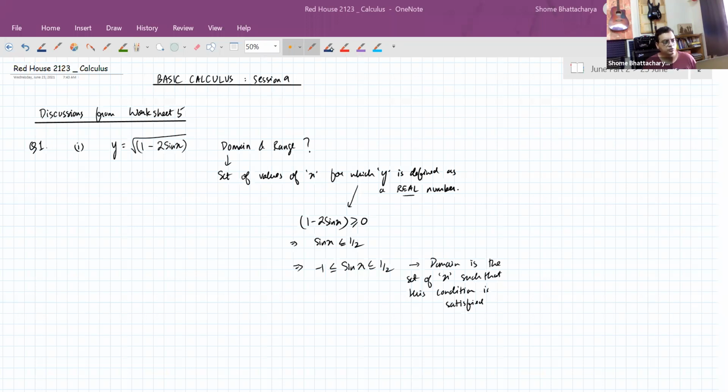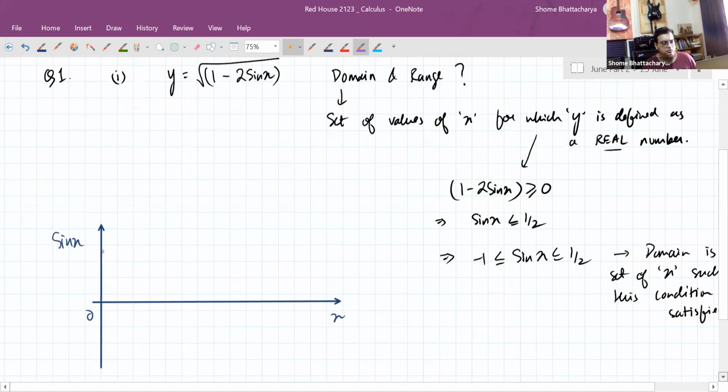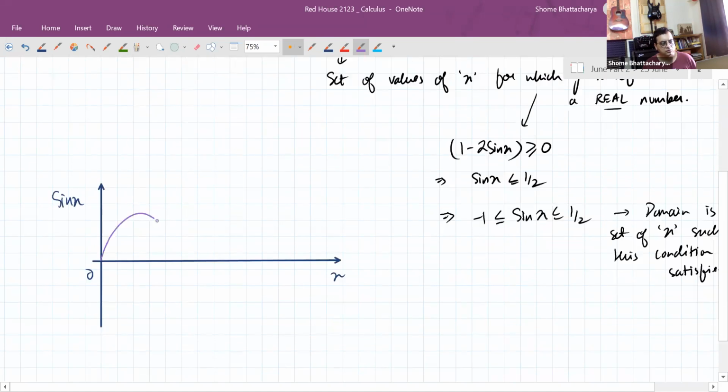Okay. So now, how will we find the values of x for which this happens? Now remember that sin x is a periodic function. Okay, so sin x's basic graph looks like this, if we plot sin x versus x. In one fundamental cycle it looks like this, and then it repeats.